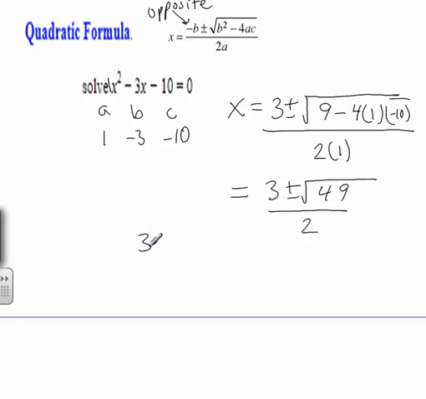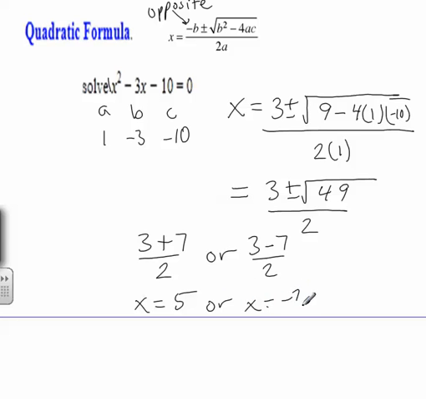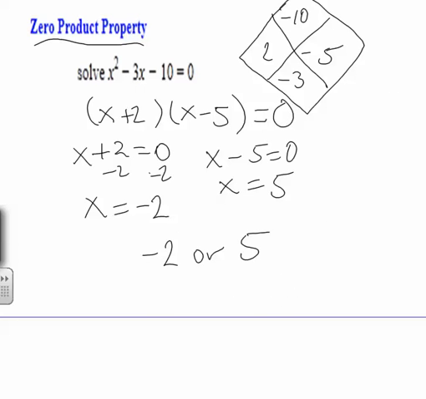So it means 3 plus, since we know that square root of 49 is 7, 3 plus 7 divided by 2, or 3 minus 7 divided by 2. And so therefore this is x equals 5, or x equals negative 2. And we got the same answer, did we not? Let's see. 5 and negative 2, 5 and negative 2, yes.